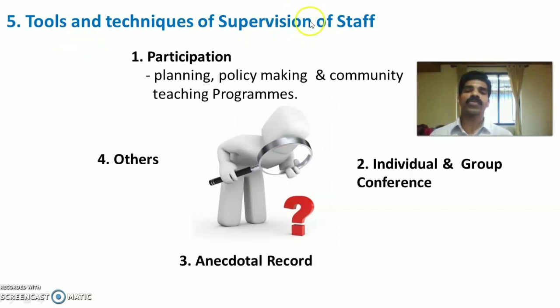So the tools and techniques of supervision of staff include participation, individual and group conference, anecdotal record and various other tools and techniques. The first tool and technique of supervision of staff is participation. As a part of the supervision of the staff, the community health nurse participates in planning the health services, planning health programs, planning the work schedule, duty list, duty roster, etc. Then participation in policy making in relation to rendering quality services, and participation in community teaching, community health education programs, health awareness programs or IEC programs.